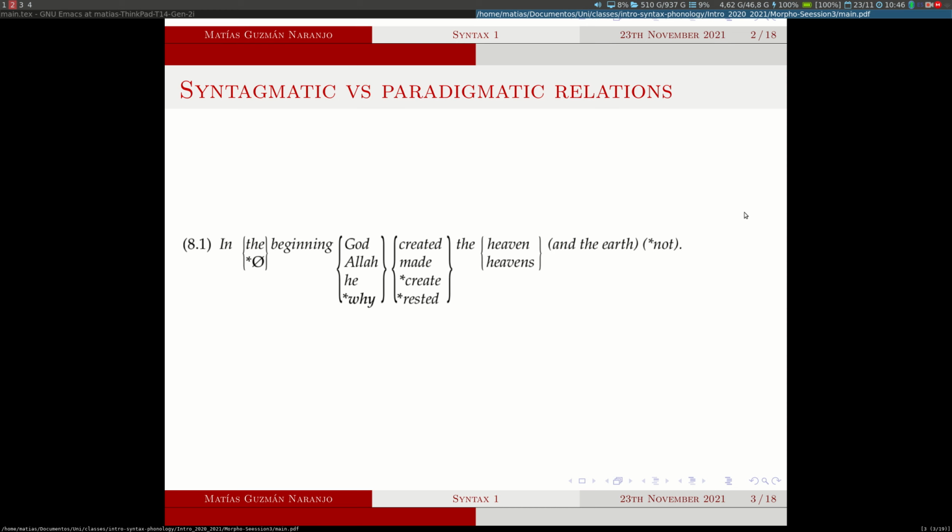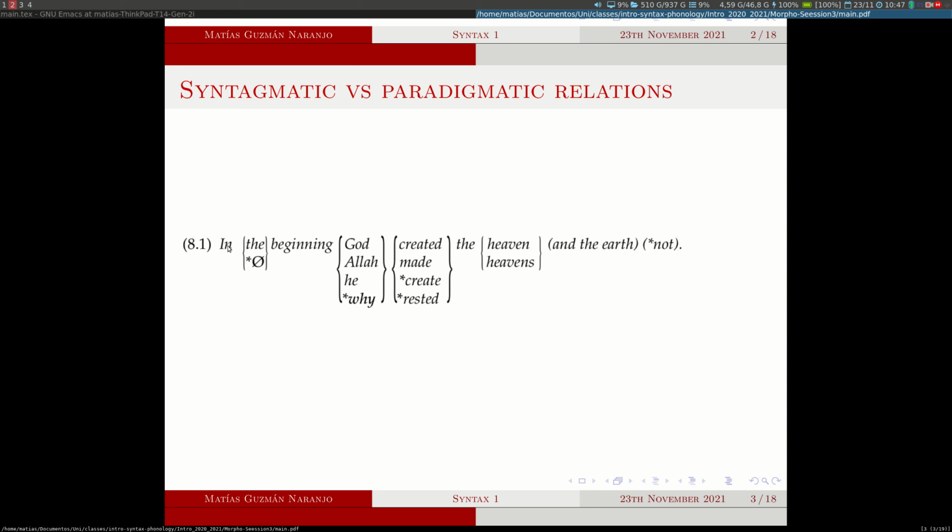So here's an example of a template of possible sentences. Something like, in the beginning God created the heavens and the earth. And there are several points to make here. The relation between the first two words, the syntactic one, I'll talk about syntactic relations next week.